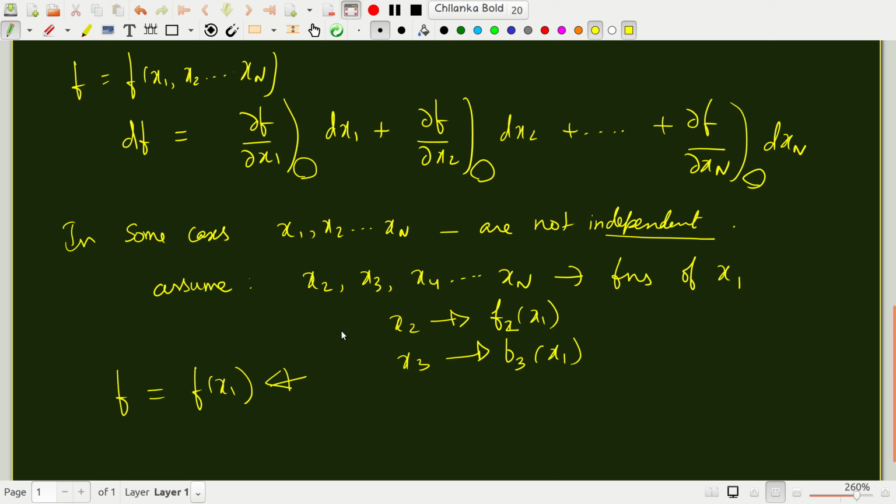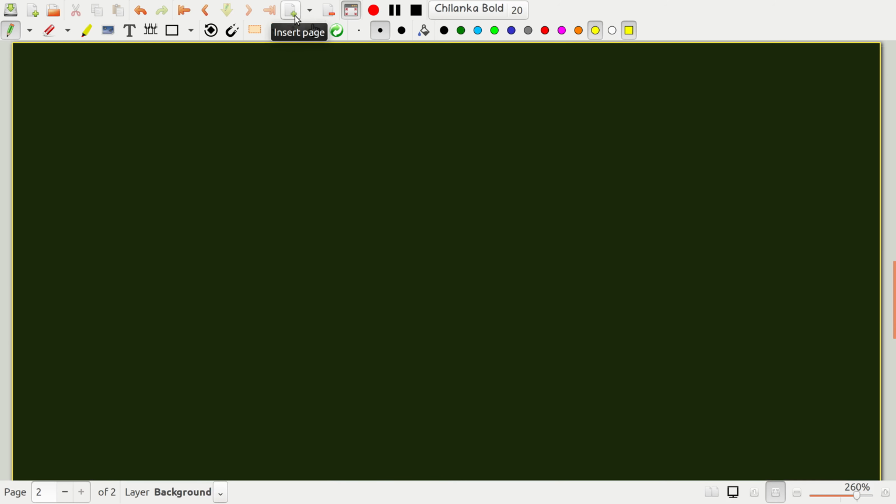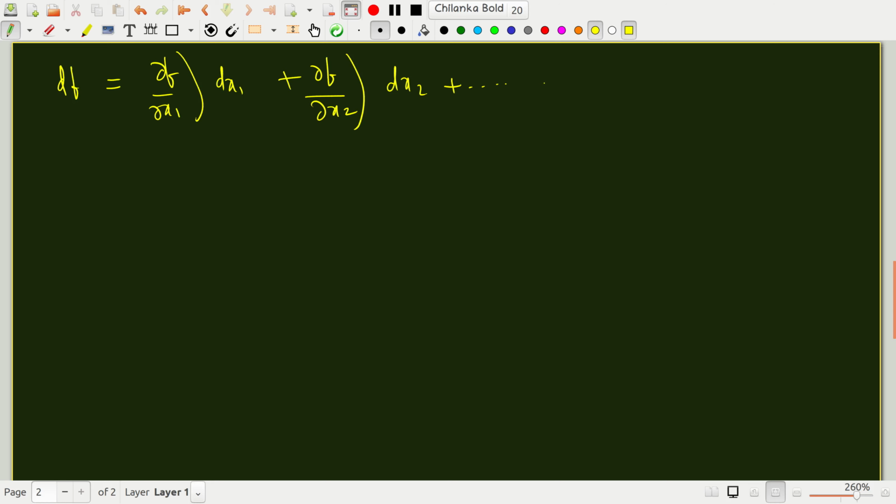But if you know this relation and it is cumbersome to explicitly write f as a function of x1, you can still find the total differential df in the same way as partial f partial x1 dx1 plus partial f partial x2 dx2 plus so on plus partial f partial xn dxn.